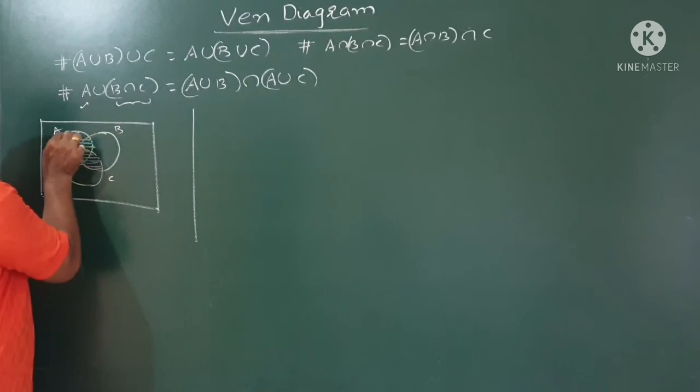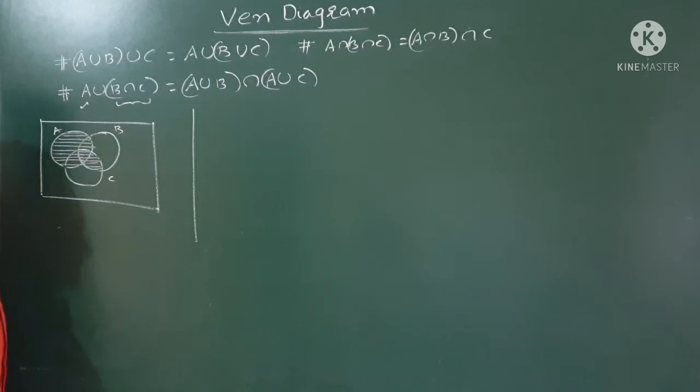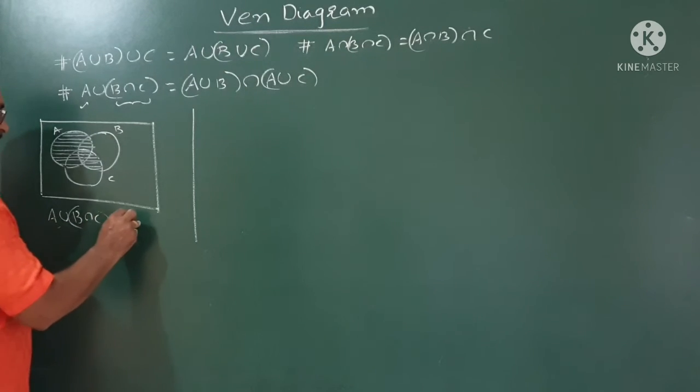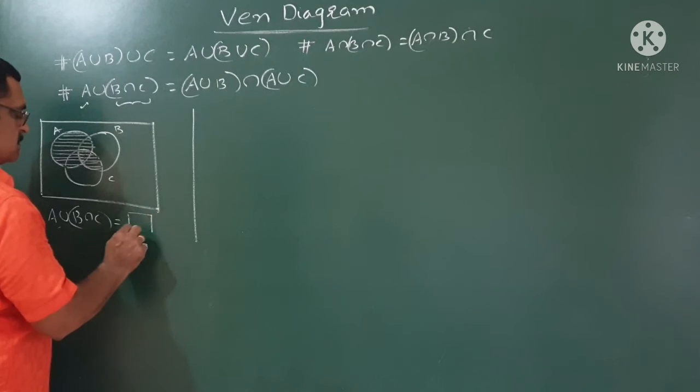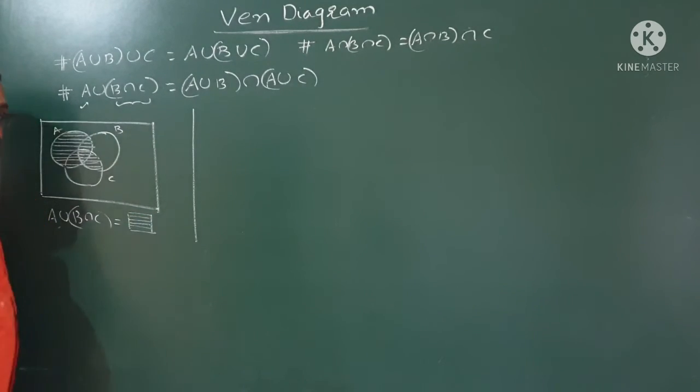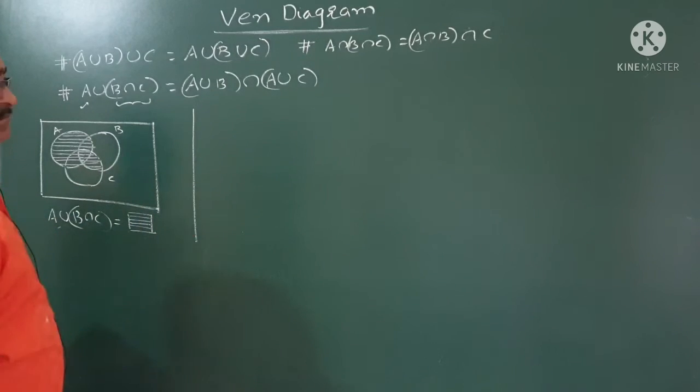So this lamp type diagram represents A union (B intersection C). It is just a lamp type, but of course horizontal lines. Next come to this side.